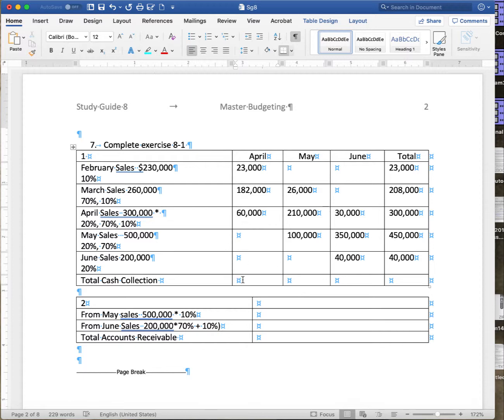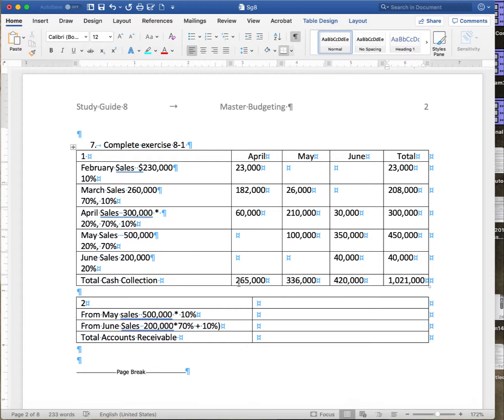That means in the month of April, I collect $265,000. Do the same thing for May. In May, I collect $336,000. In June, I collect $420,000. So in total, I collect $1,021,000.